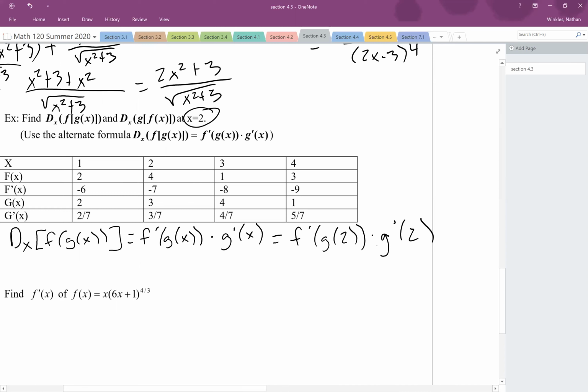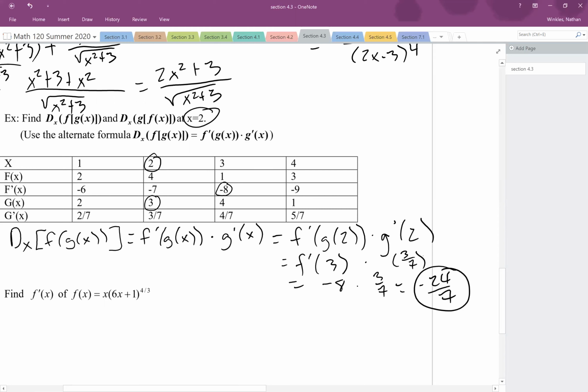Well, g of 2, so here's my x of 2, g of 2 is 3. So this becomes f prime of 3 times g prime of 2, which is 3 over 7. F prime of 3 is negative 8. So negative 8 times 3 over 7 gives us negative 24 over 7.